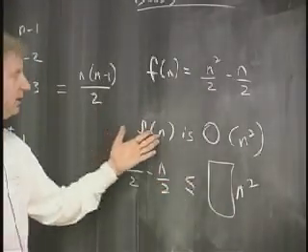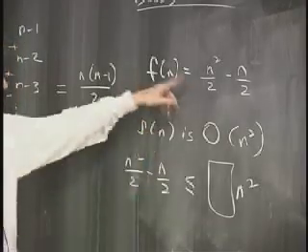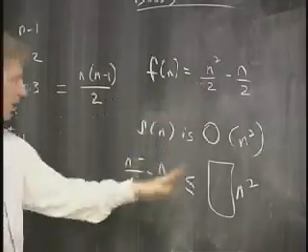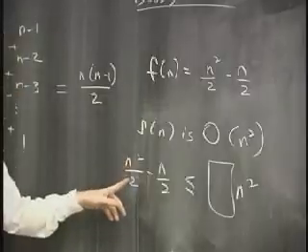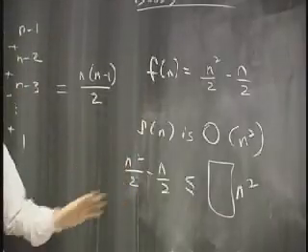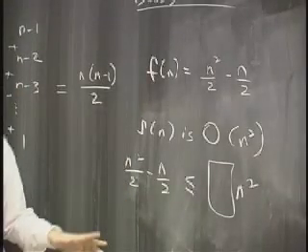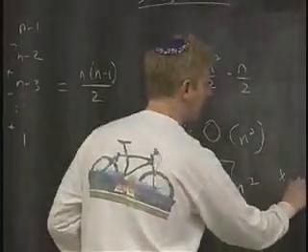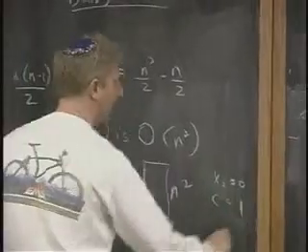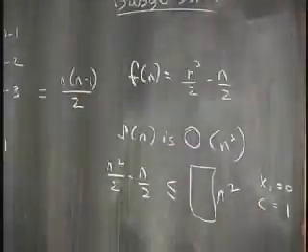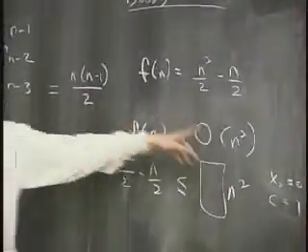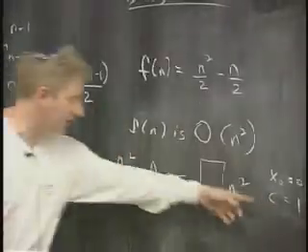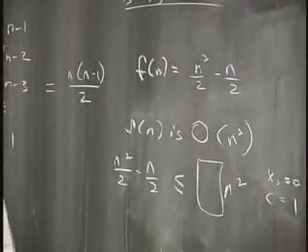So it's completely straightforward that this function is order n squared, because 1 times n squared is bigger than this for every single n in the whole world, n bigger than 0. So the x0 here would be 0, anything bigger than 0, and the c would be 1. If you want to go through these definitions and show that something is order something else, you have to find the c and find the x0.